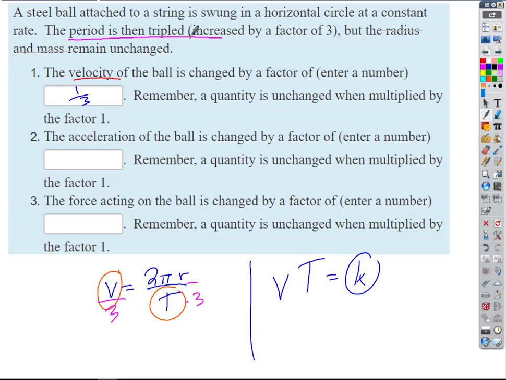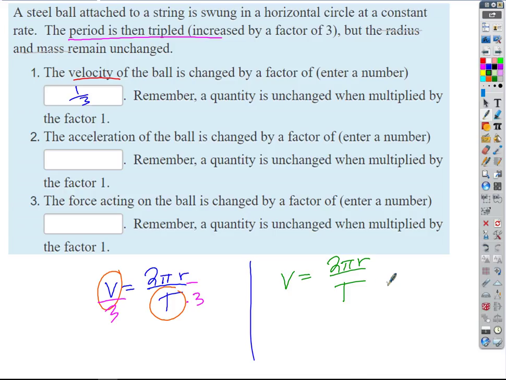But we do have one that relates velocity and period, and we know velocity is changing by 1/3, right? So for part 2, velocity and period, that's going to be V equals 2 pi r over T.